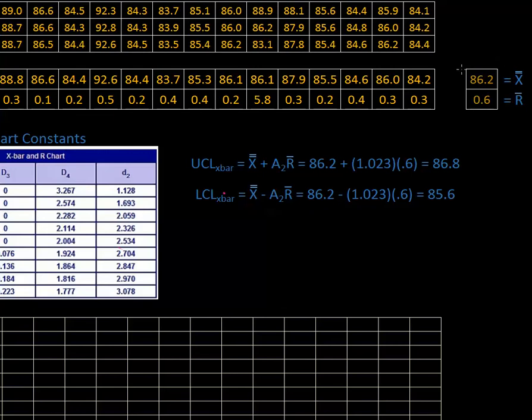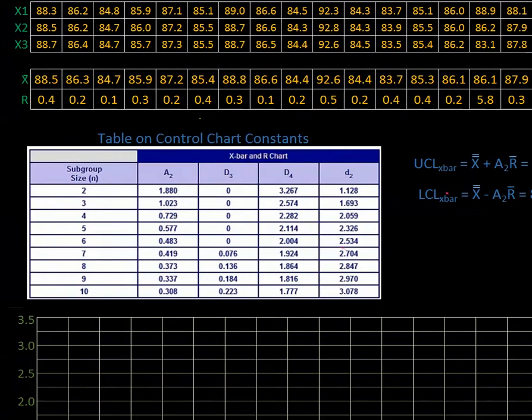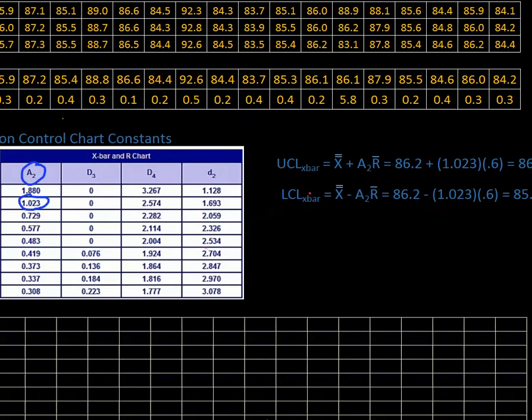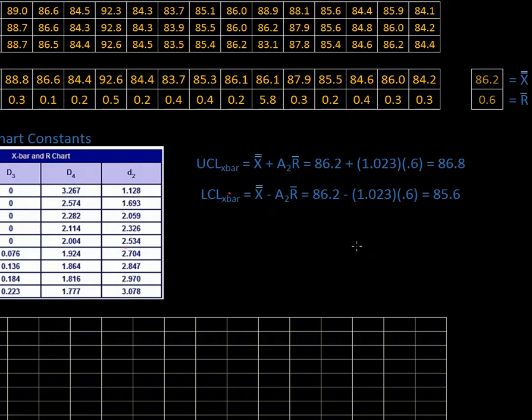So we know our X double bar is 86.2, our R bar is 0.6, and our A2 value we drew from our table of control chart constants, also something you'd find in any standardized textbook. Our subgroup size is 3, and we're looking for this A2 value. So the number we're looking for is 1.023, and we calculated our control limits using those formulas.